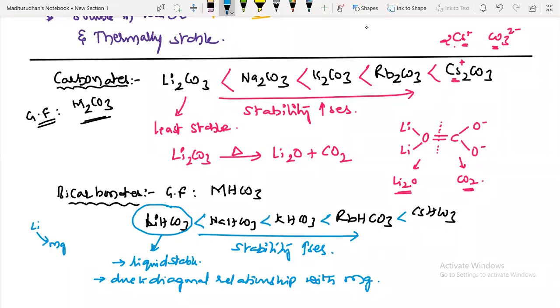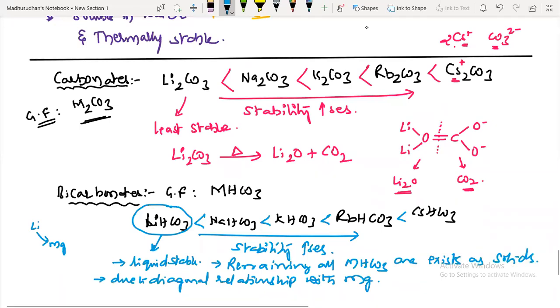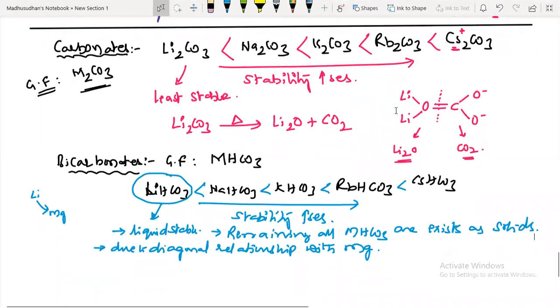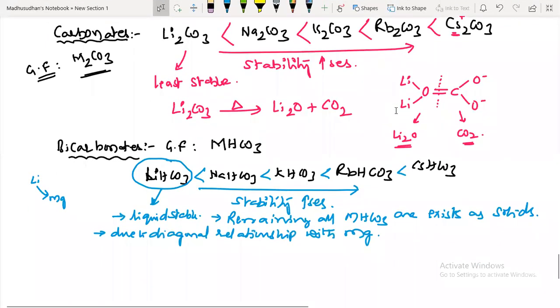Remaining all metal bicarbonates exist as solids. So this is an important point.